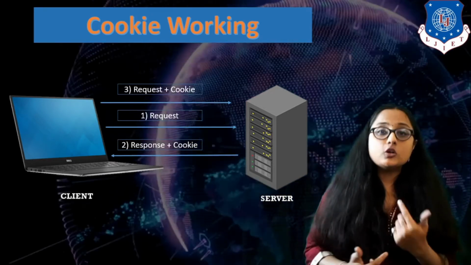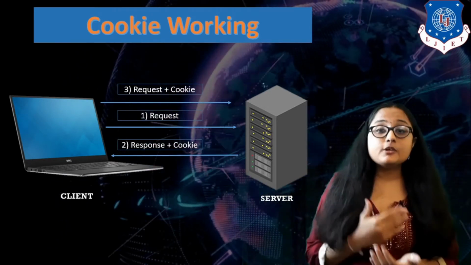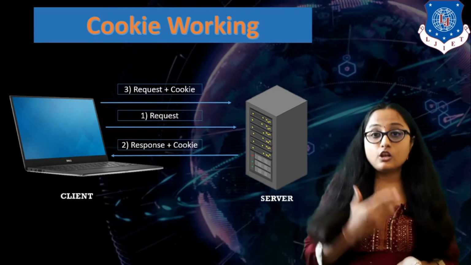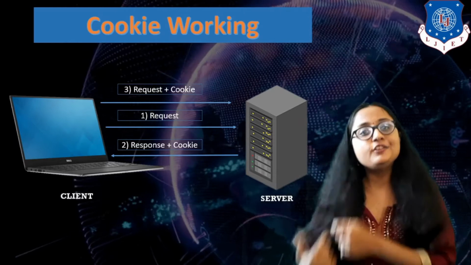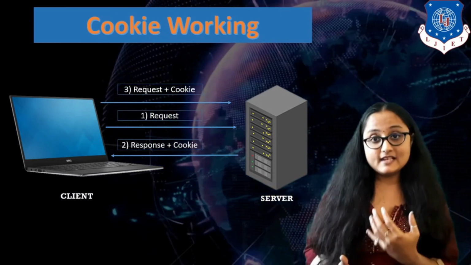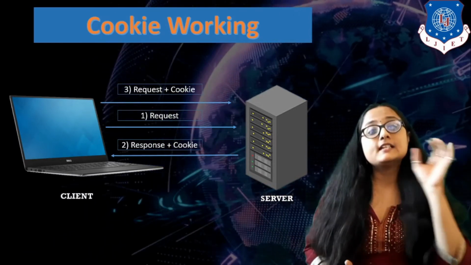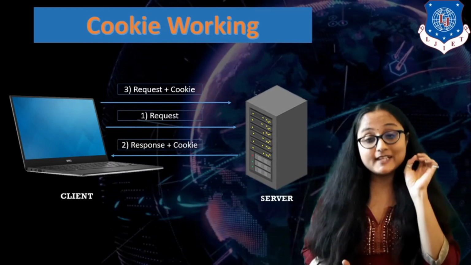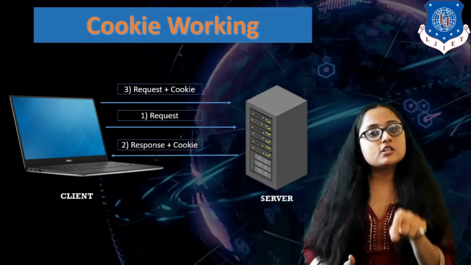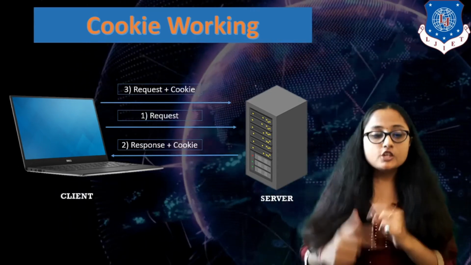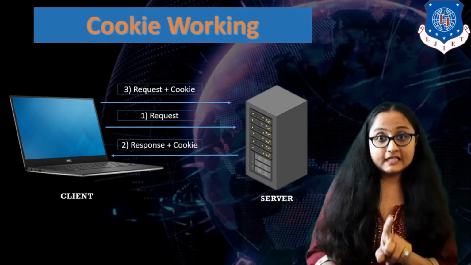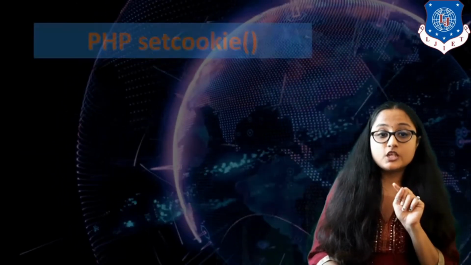Because along with the request, the cookie identifier is also embedded and sent to the server. So as soon as this unique identifier of the cookie is encountered in the request, the server is able to identify the user. In this way you can maintain the state of the same user using cookie.